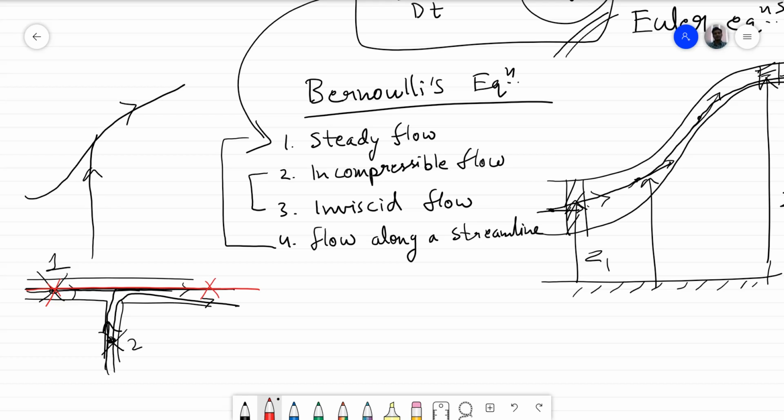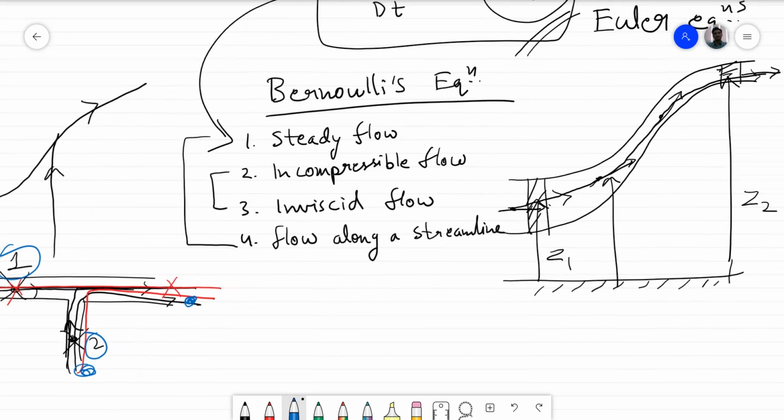You can apply the Bernoulli's equation between these 2 points, or between a point here and a point here. You can apply Bernoulli's equation between these 2 points, but not between these 2 points 1 and 2.